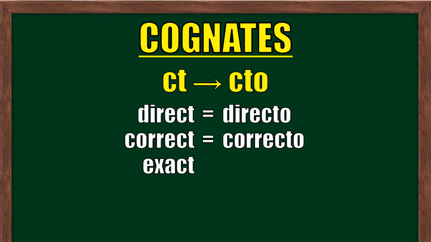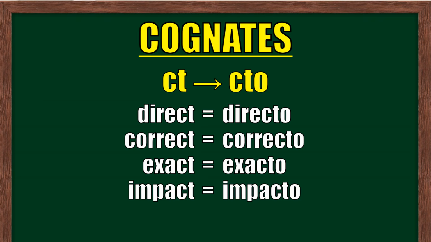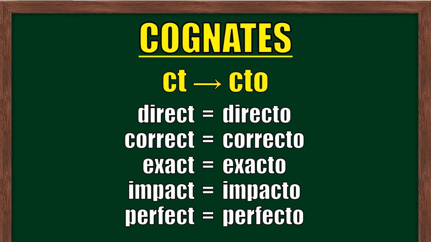Exact becomes exacto. Impact, impacto. Perfect, perfecto. We just add an O and we give all of the letters a Spanish pronunciation. Directo, correcto, exacto, impacto, perfecto.